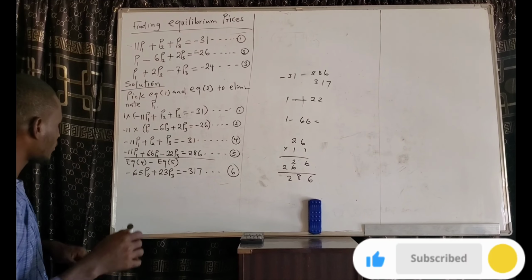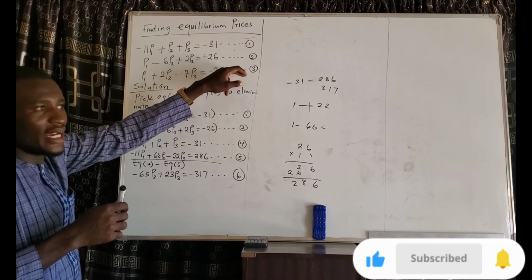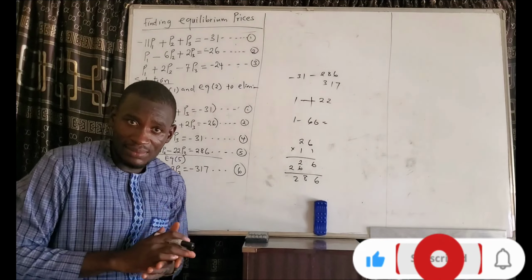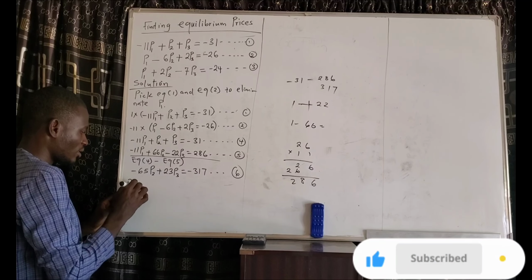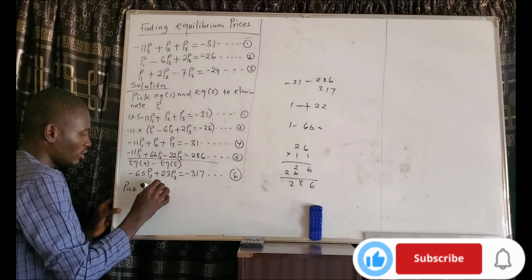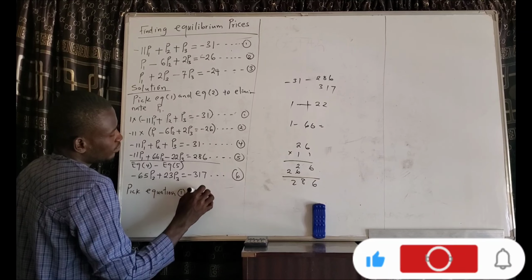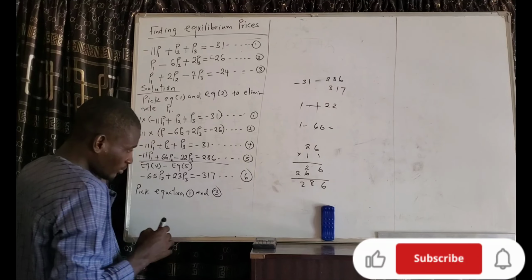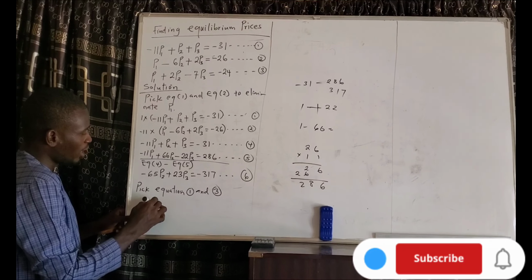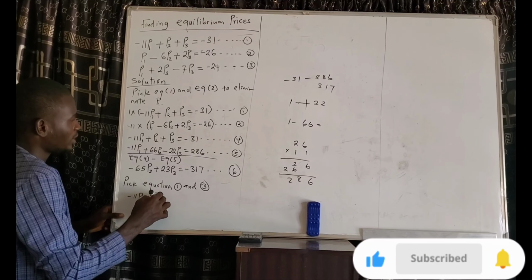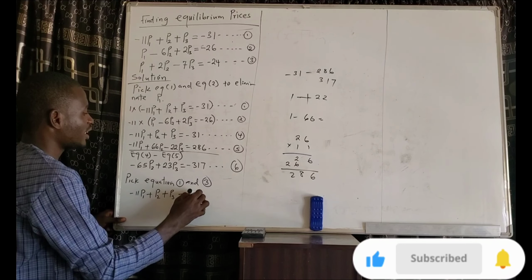Now we are going to pick equation 1 and 3. You can as well pick equation 2 and 3; you still arrive at the same answers. Equation 1 is negative 11p1 plus p2 plus p3 equal to negative 31.